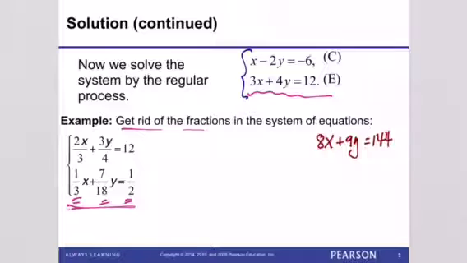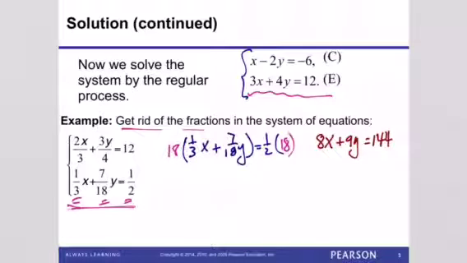Well, happily, there's a number, and it's 18, which makes this doable. 1/3 x plus 7/18 y equals 1/2, and don't forget to multiply by 18 on the other side. So we have 18 times 1/3 x plus 18 times 7 over 18y equals half of 18 is 9.